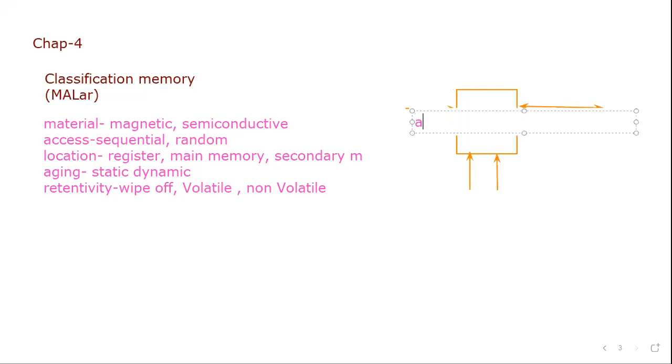Here we have the address bus. This is CE, chip enable, and this is chip select. This is an M cross N memory.